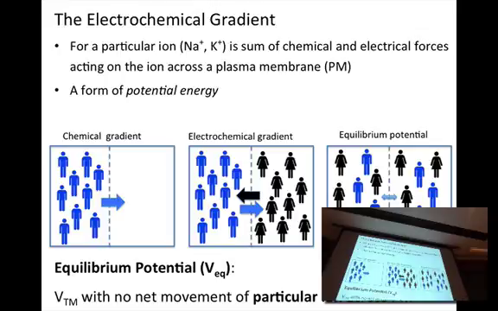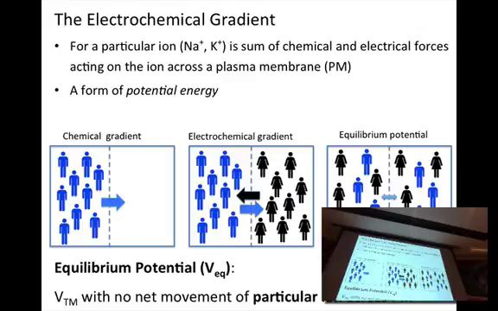So let's just keep moving. Transmembrane potential with no net movement of a particular ion across the plasma membrane is what we call the equilibrium potential. Different ionic species are going to have different equilibrium potentials. So for example, maybe sodium has one voltage at which there's going to be no net flux of sodium across the membrane.